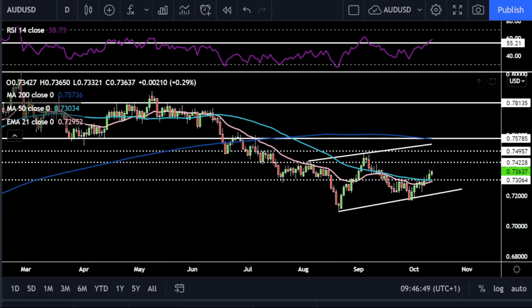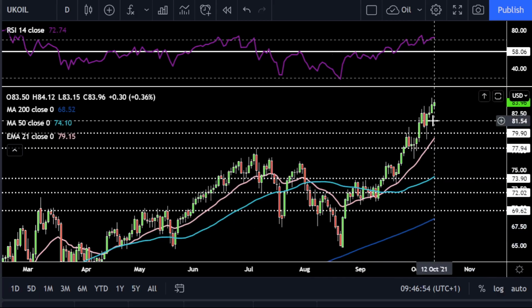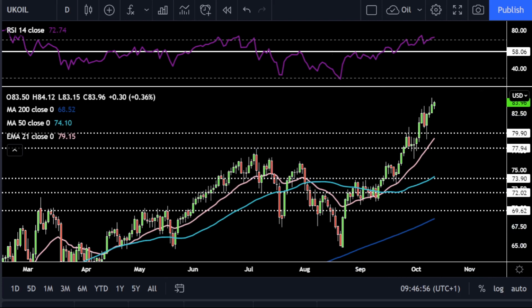Then moving on to commodity land, you look at the price of oil, another straight line. The momentum has been very strong on the back of that rotation because of the high gas prices. But I can't help but think maybe price is due a cooling off and a minor correction before another leg higher, before the bulls reload.